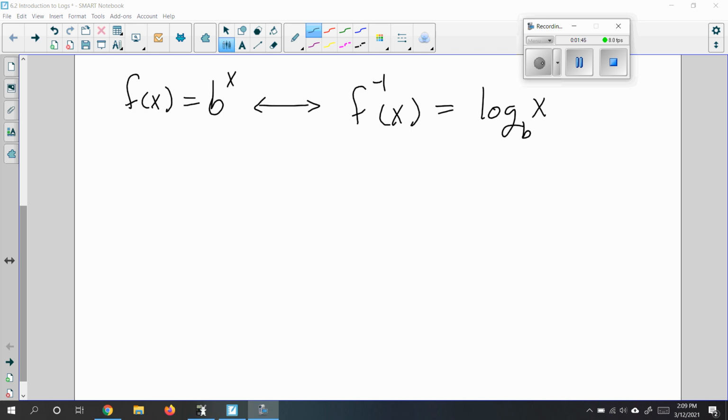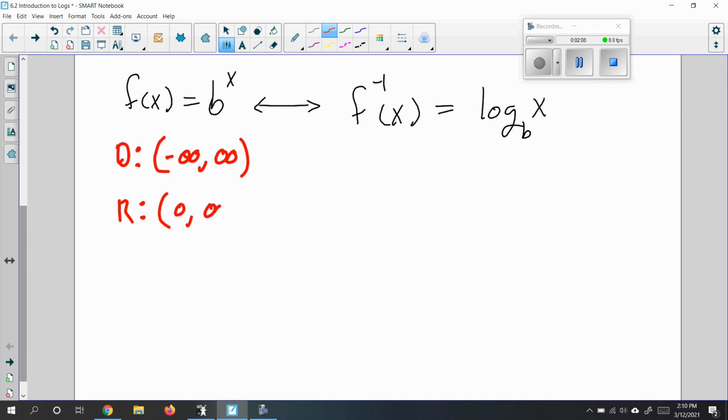Since the log is the inverse of the exponential function, let's take a look at some domain and range properties. So recall that the domain of an exponential function is from negative infinity to positive infinity. And the range of an exponential function is from 0 to positive infinity.